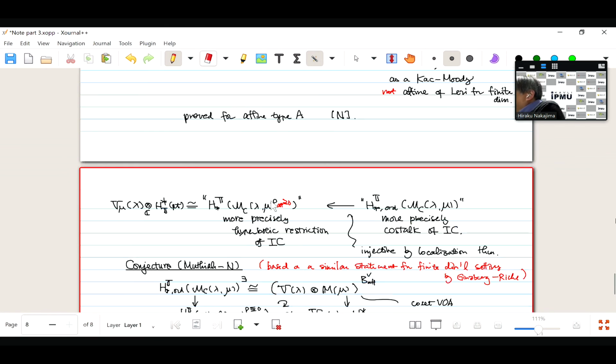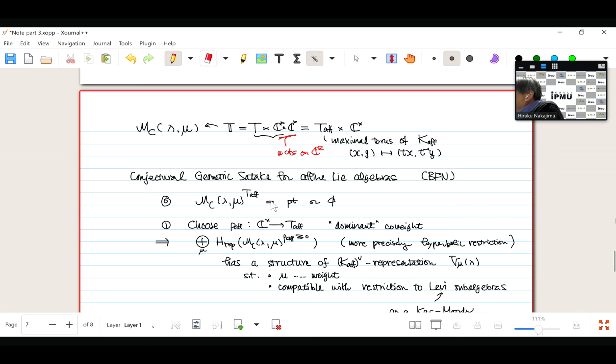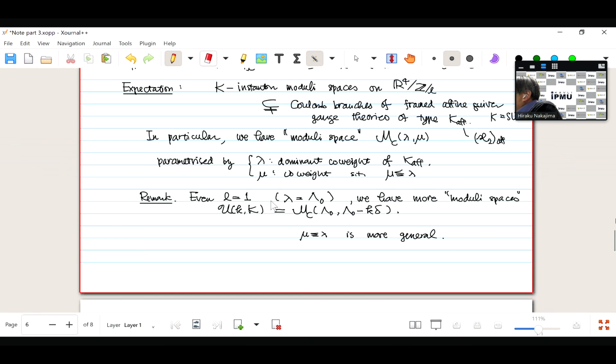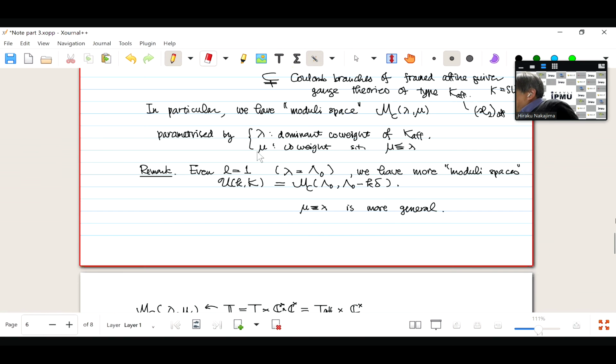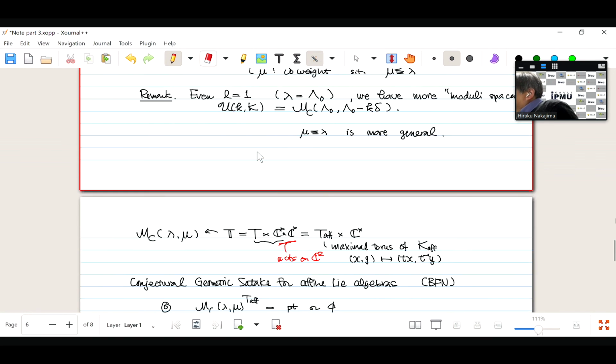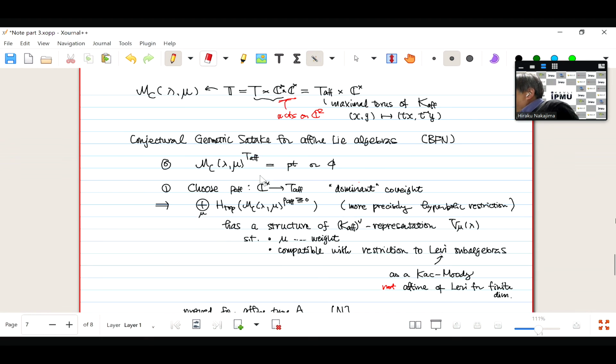So now I come back to why we need to assume this surface is of type A_L. This L appears in geometric Satake as the level of lambda.